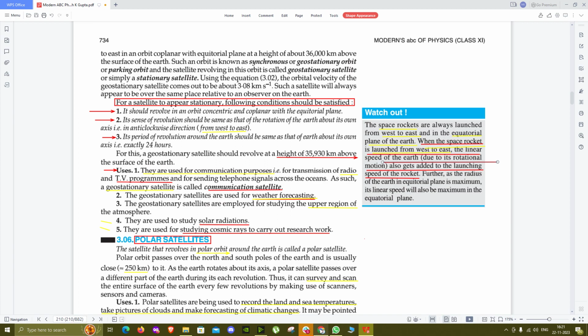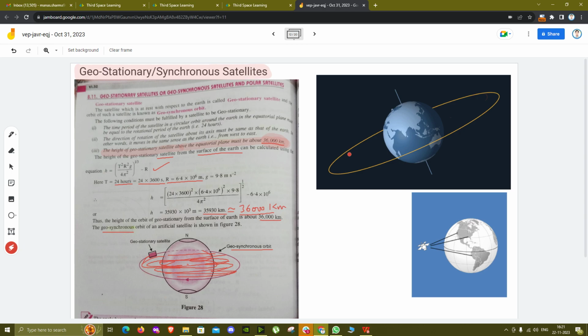Let me explain that with the figure. Let's say you are launching the satellite from America here. You will launch it from west to east, so that the Earth's rotational speed will also get added.